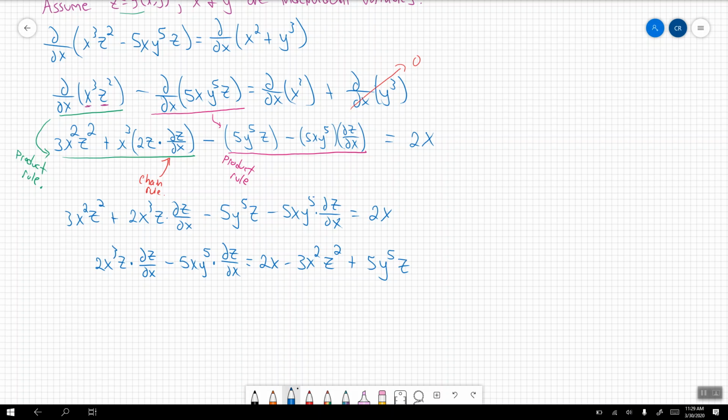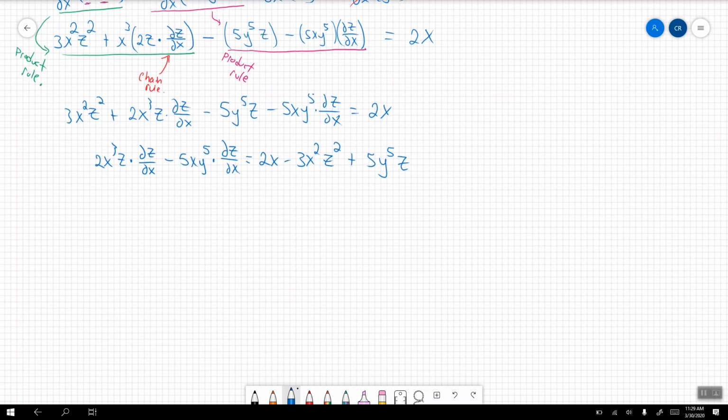All right. Now that we have this on the left-hand side, we can factor the partial of z with respect to x, which leaves us 2x cubed z minus 5xy to the 5th, equal to 2x minus 3x squared z squared plus 5y to the 5th z.